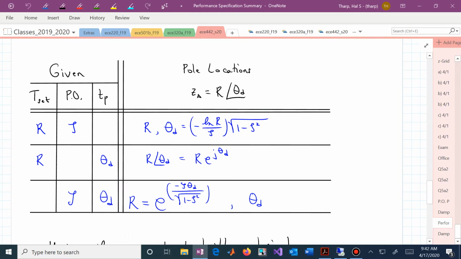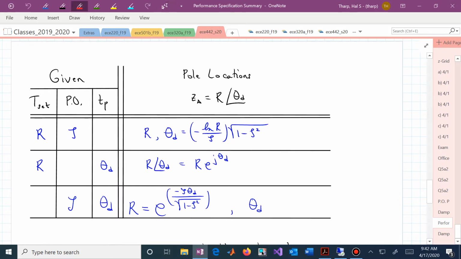Our performance specification table says that if we have zeta and theta sub d, we can now come up with an r value in terms of zeta and theta sub d. And there's the formula.